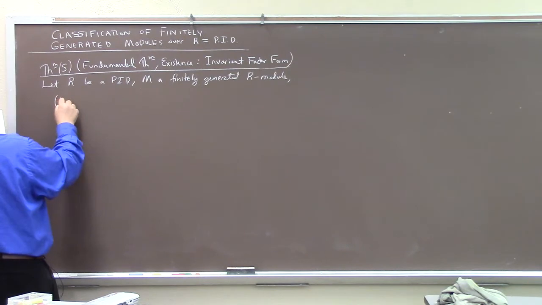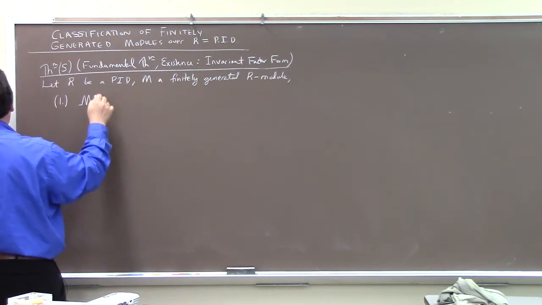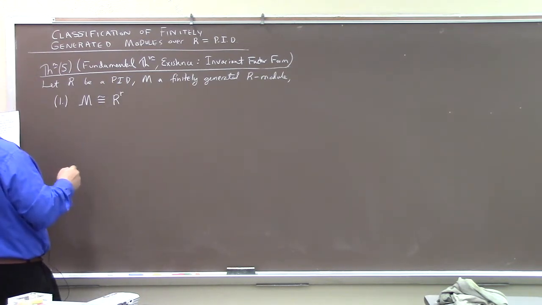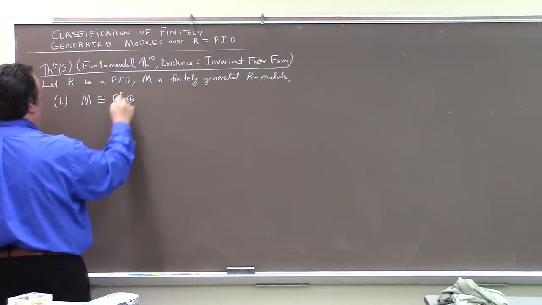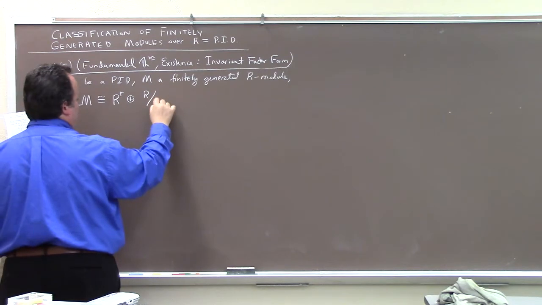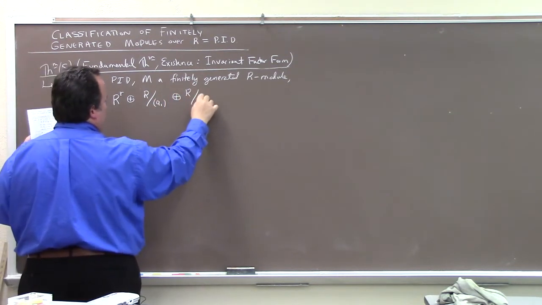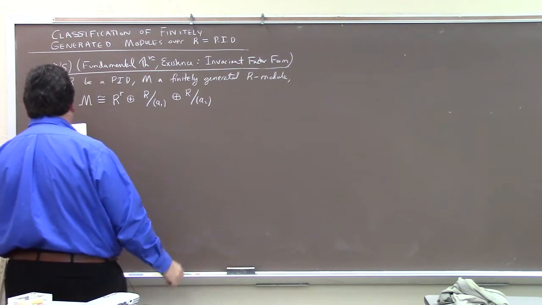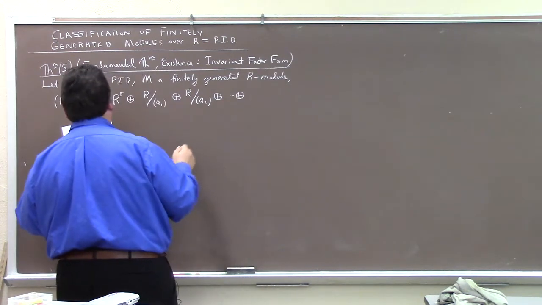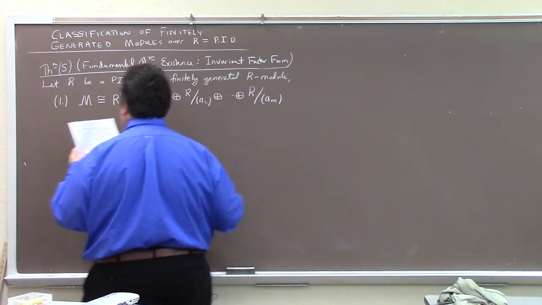Then number one, M is isomorphic to the Cartesian product of R with itself r times, direct sum R mod an ideal generated by a1, direct sum R mod the ideal generated by a2, direct sum R mod the ideal generated by a_m.